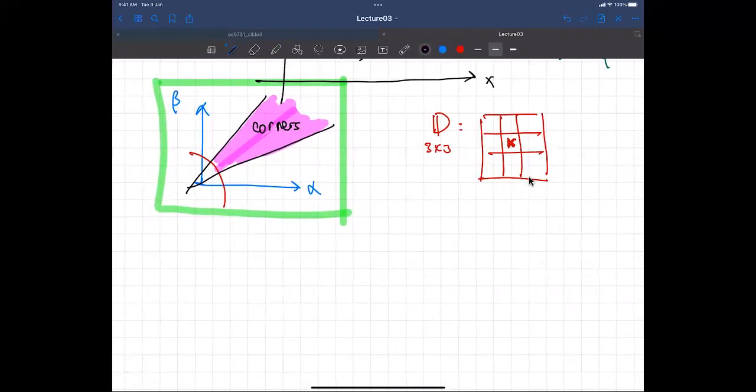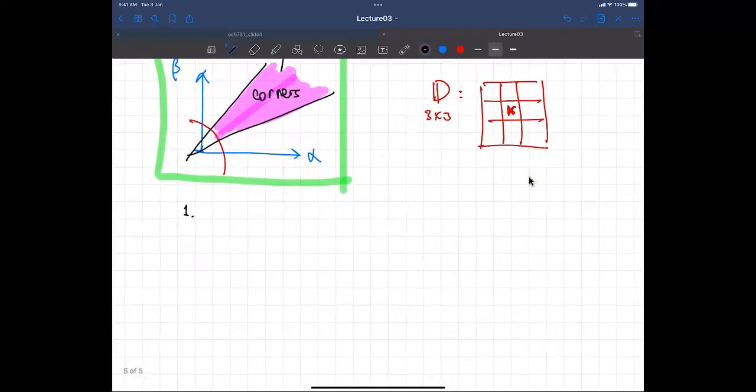So to speed up the process, there are a few steps we can do. The first one is to compute the Hessian matrix from D, the 3 by 3 pixels.